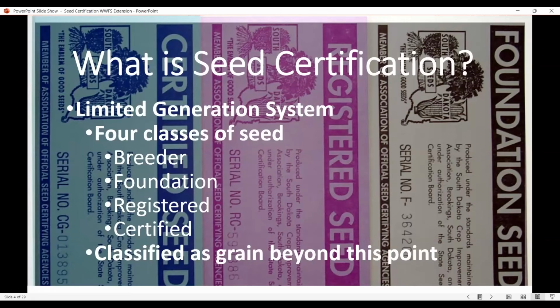It may take a year or 2 of increase before we have enough to release it to the certified seed growers. The seed grower will purchase foundation seed, he'll plant it, that becomes registered seed. They can either sell that as registered seed or replant it themselves for the following crop, and that produces certified seed. And the certified seed is what is generally sold to the public, to grain producers across the state.